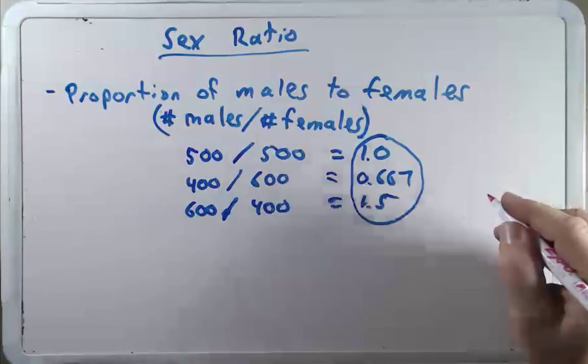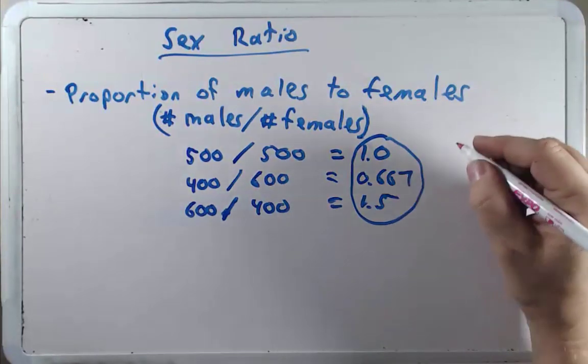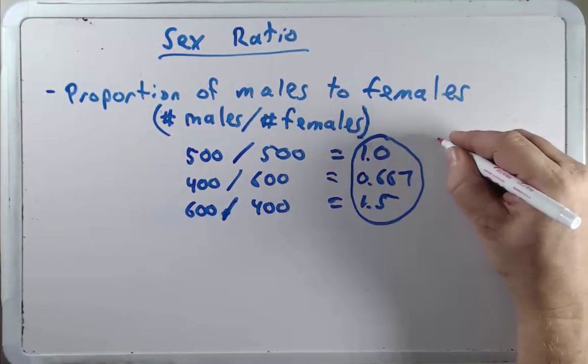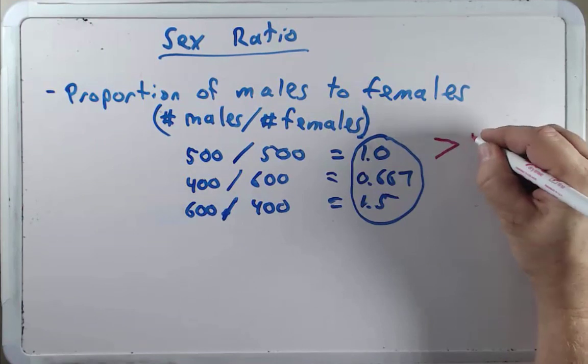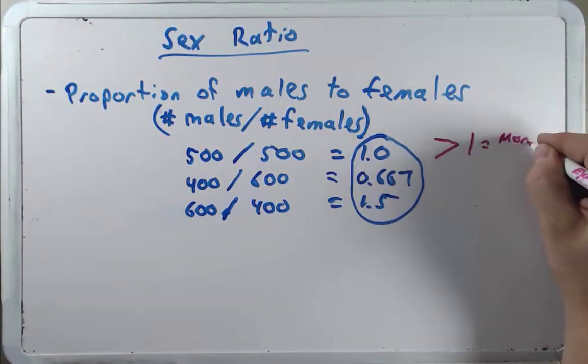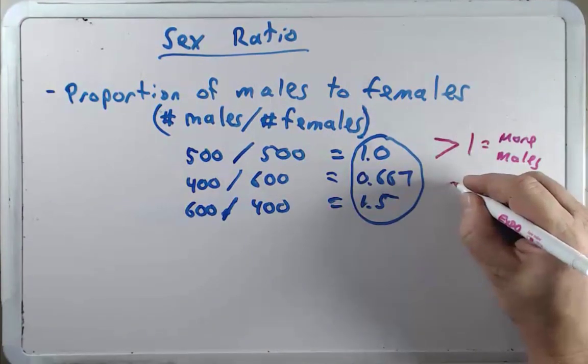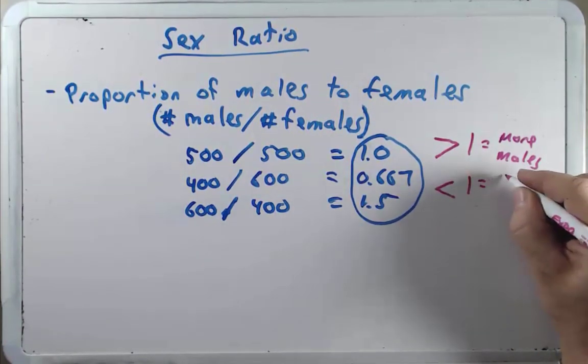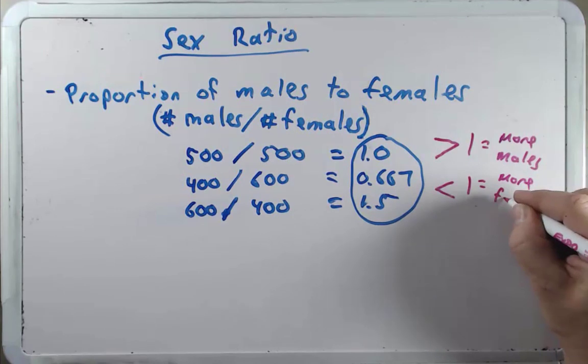So as we look at these sex ratios, we can see some trends. We can see that if the sex ratio is greater than 1, then that means you will have more males. If it's less than 1, you will have more females.